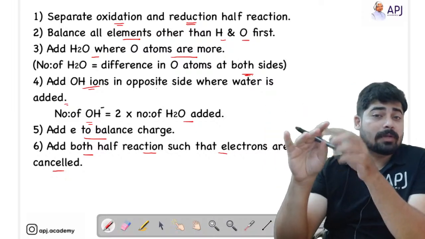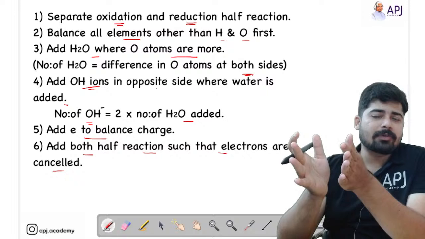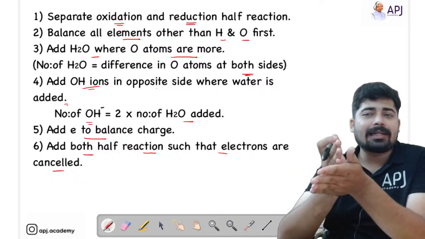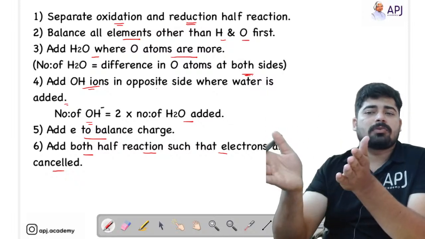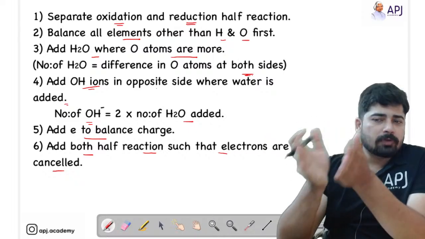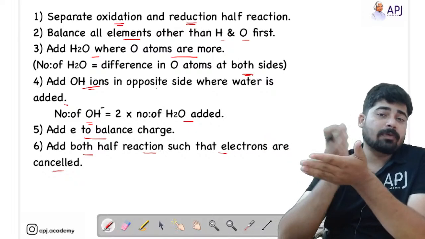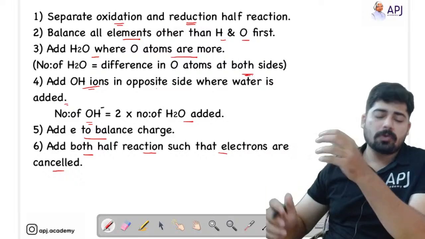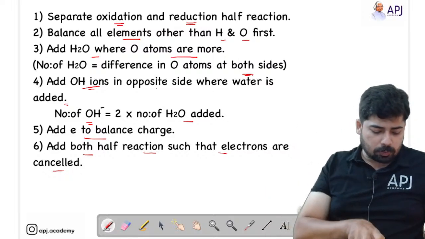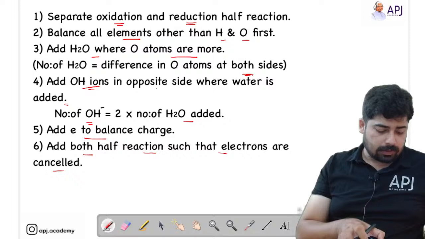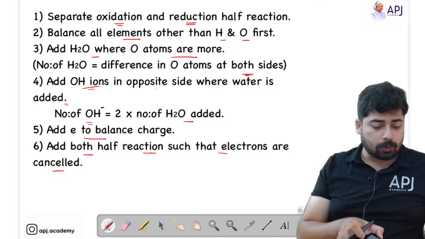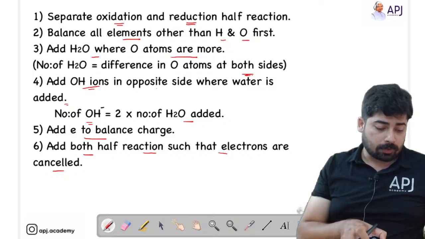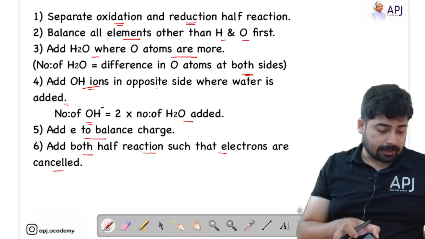That will be the proper method to go for. I just gave the steps to do it directly with the alkaline medium, but I do not prefer this method; I prefer the trick I have told you. So we'll be doing two problems where I use the trick to solve the problem. Okay, so let's get started.